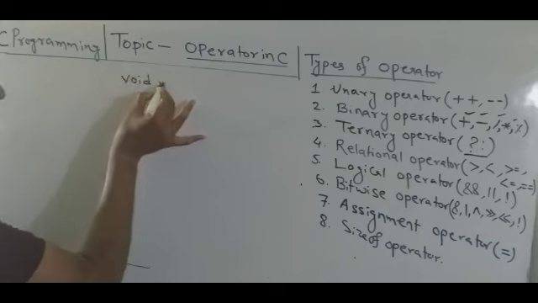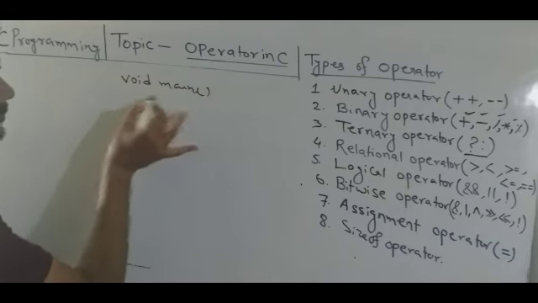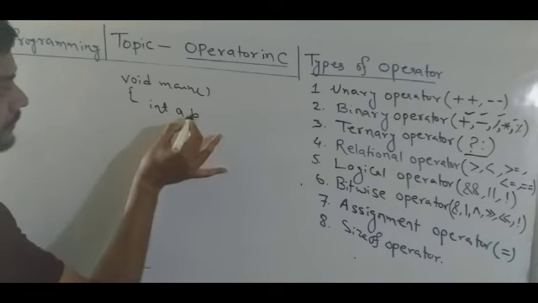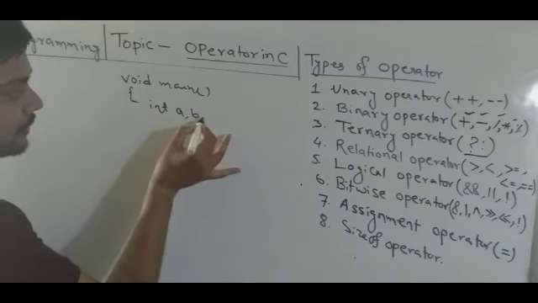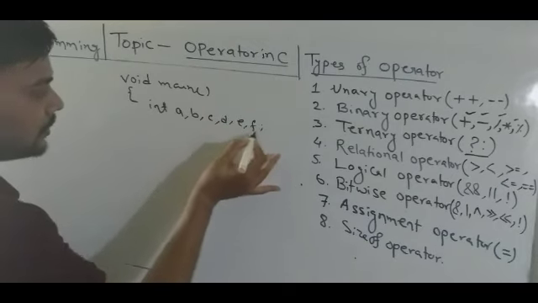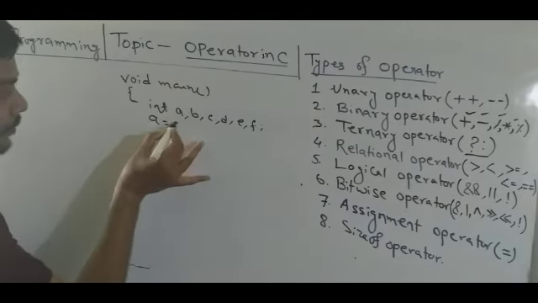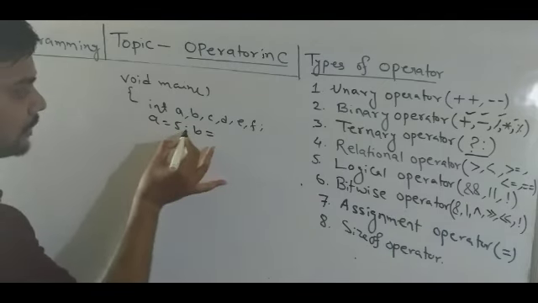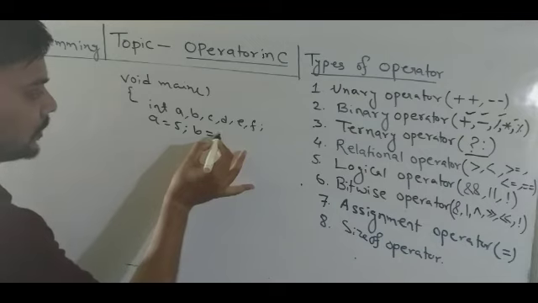Void main, int a comma b, c, d, e, f, g, and a value 5 and b value is 3.